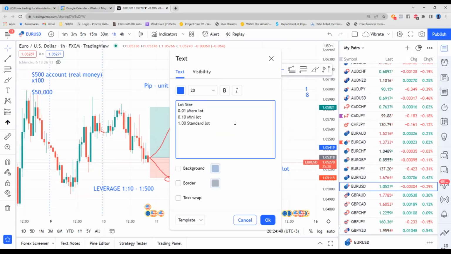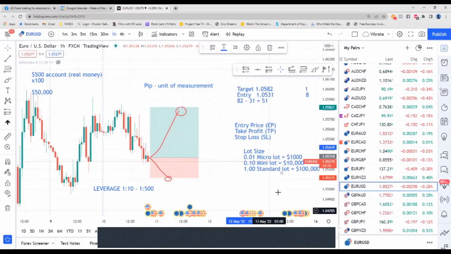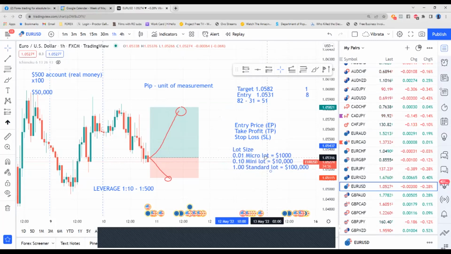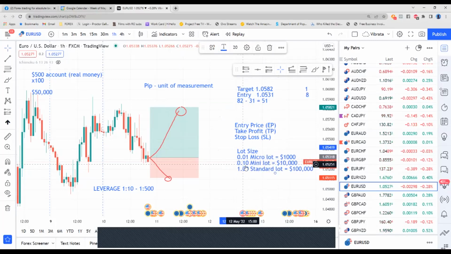Now, a micro lot is worth $1,000. A mini lot is worth 10,000, and a standard lot is worth 100,000. So whenever we enter a position using one of these lot sizes, this is the amount that we are investing in our trade.